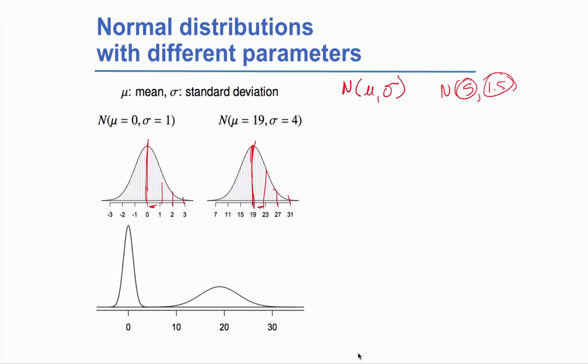Now, if we put them on the same scale, right, this has a mean of 0 and a standard deviation of 1, so 3 standard deviations takes it to 3. Whereas this has a mean of 19 and a standard deviation of 4, so plus 3 standard deviations is 31, and minus would be 7.